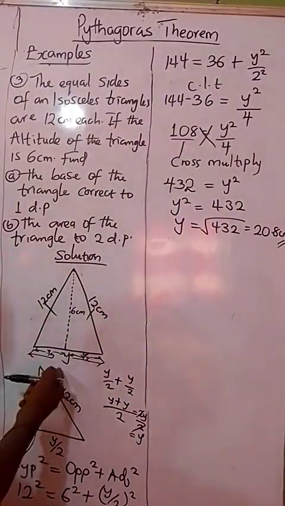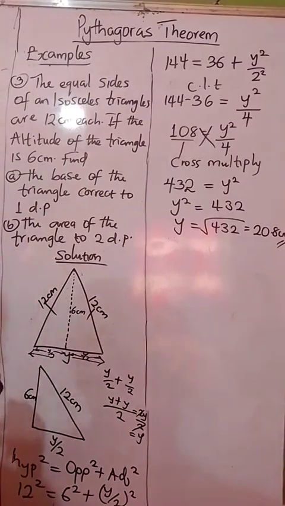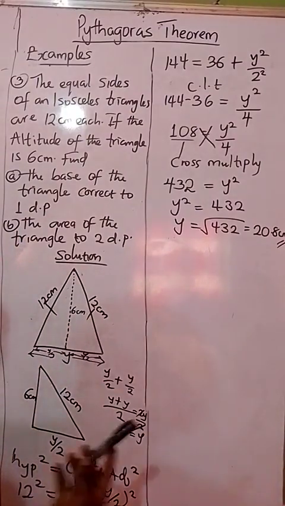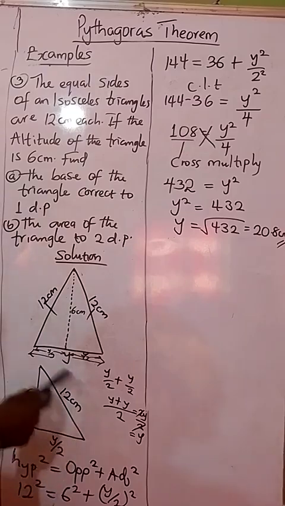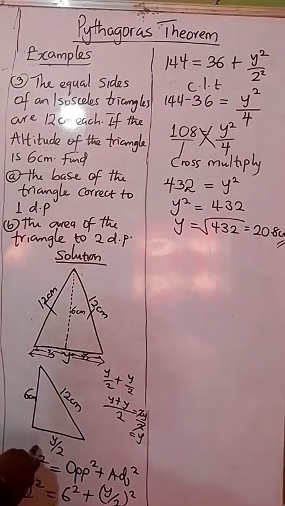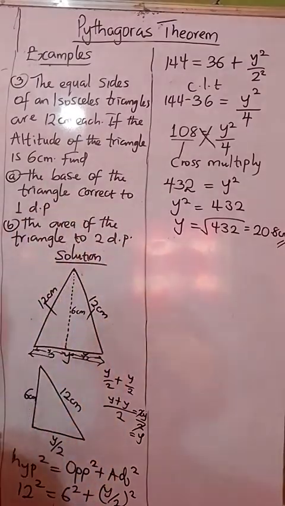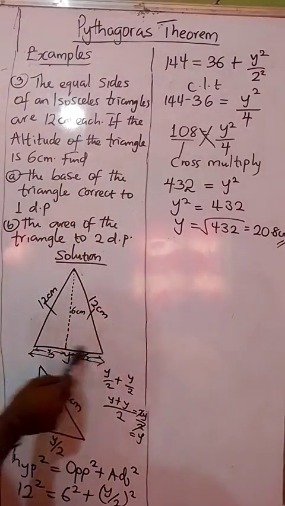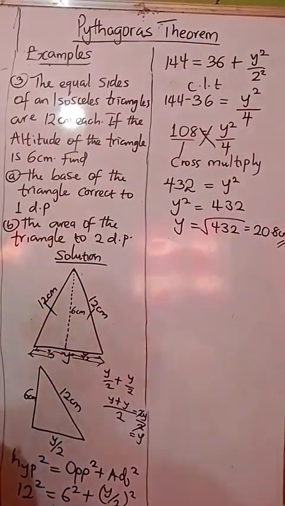Remember, what are we looking for? y, and that's what we have looked for. Even though we had to use half of y here, this is what we are looking for, and that's why we've got it as the base. So the base from here to here is 20.8.